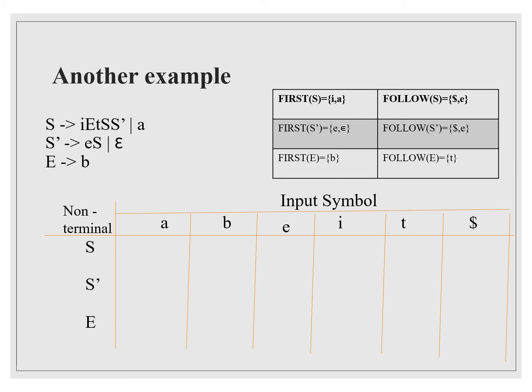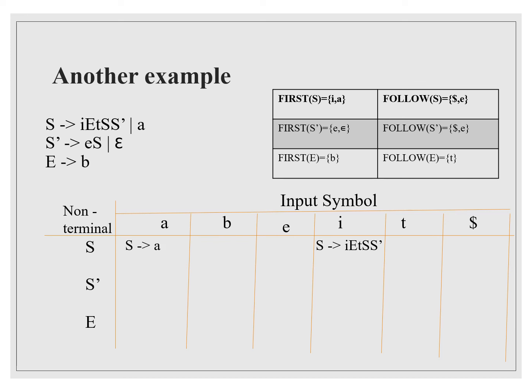Which is the first symbol here? Small i. Hence, fine. Next, S derives a. What is first of a? a itself. Therefore, we place S derives a.